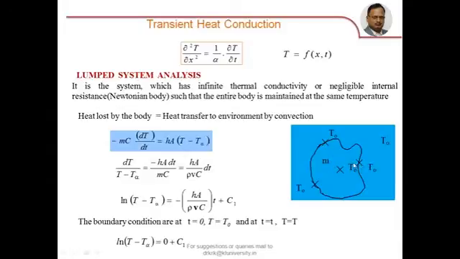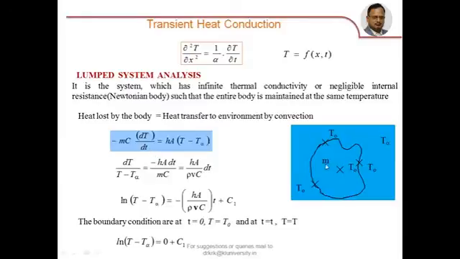Initial temperature T0, it may fall down to T. So it is mC dT by dt, the rate of heat lost by the body, because mC dT is only in joules. Only when you introduce the rate of heat loss, then it will become watts. It is equal to heat loss to the environment by convection, which is hA delta T, hA into (T minus T alpha). The unit of this is watts and the unit of the other side also is watts.